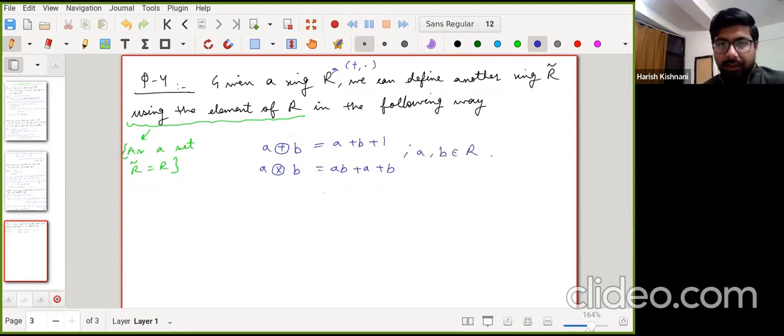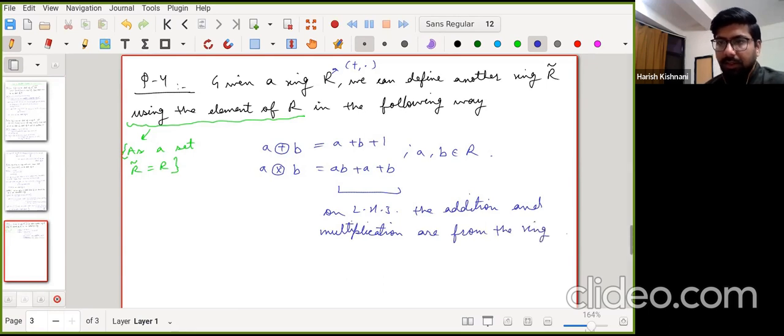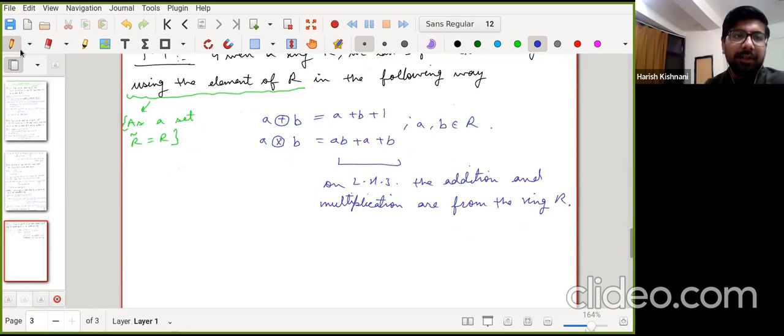On the left hand side, the addition and multiplication are from the ring R, and on the right hand side we are defining new operations for our ring R delta.